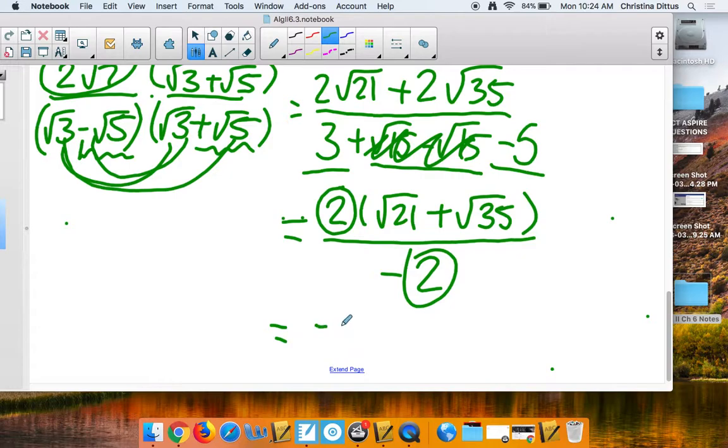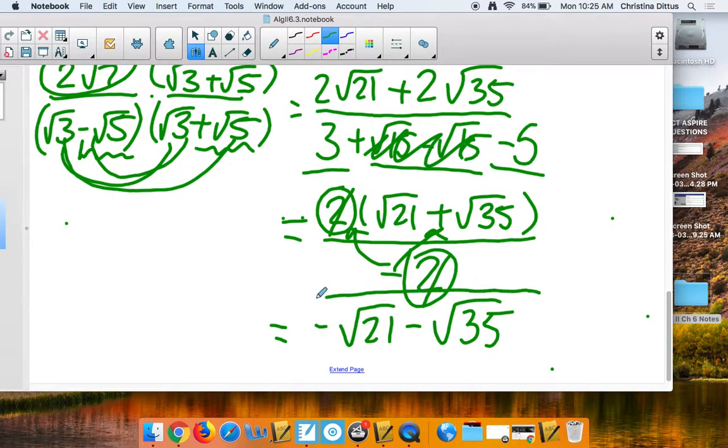So I have negative square root of 21, right? Because these cancel. So I have a negative that's going here and here. Minus square root of 35. Why does it go both places? Because it is outside. So distribute the negative. Okay.